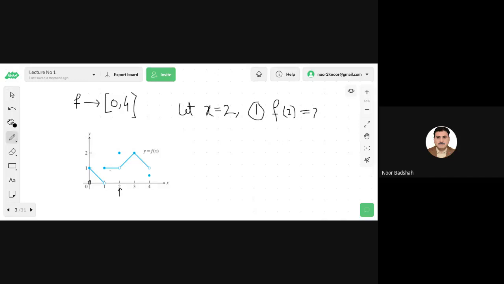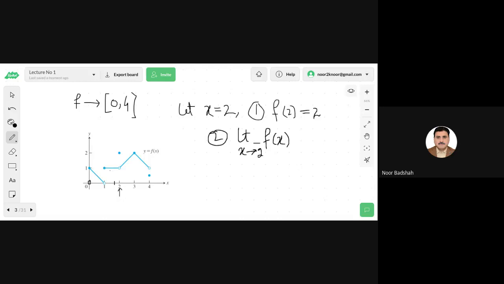Now we find the left hand limit and right hand limit. That is condition number 2. So left hand limit means you would take the values of x from the left side. So limit x goes to 2 minus f of x means you would consider a value to the left of 2 here.